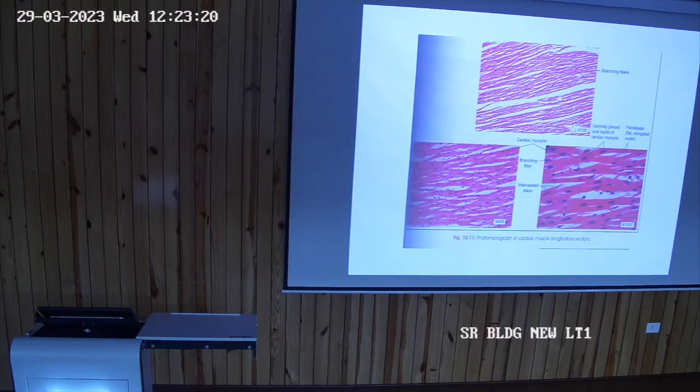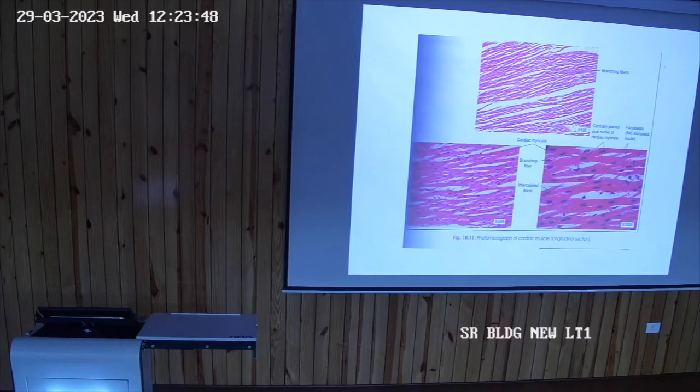If you haven't seen it, how will you tell? You should be clear about each and everything. Generally, students make the mistake of continuously saying, 'Sir, this is the intercalated disc.' My dear, the intercalated disc is visible only under the electron microscope. You are seeing under the light microscope. Here you will not see the intercalated disc.